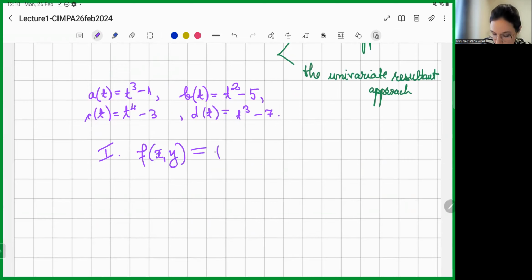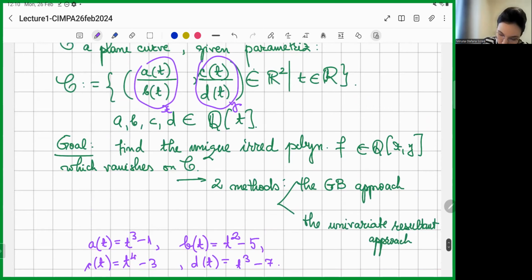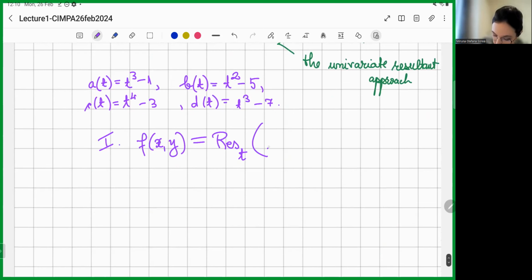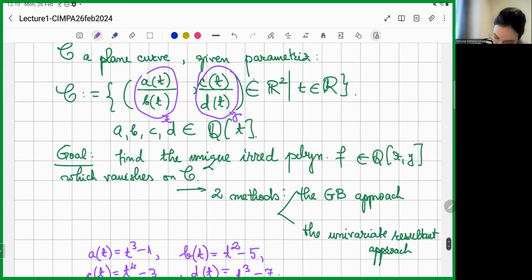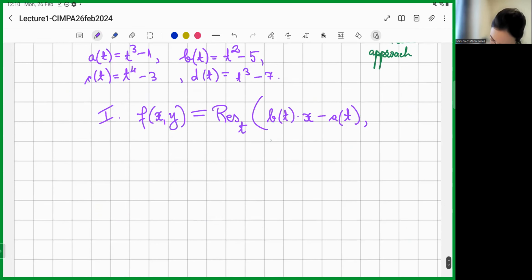This will be given by the resultant in t of, I told you, a over b equals x. So we have b of t times x minus a of t. This is vanishing, and we want this to happen. And then for the second one, d of t times y minus c of t, to have the resultant in t of this set of two polynomials.